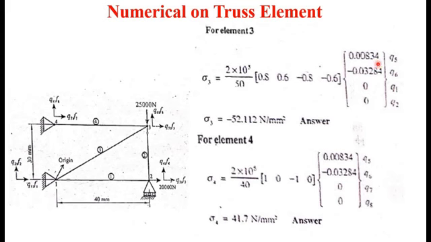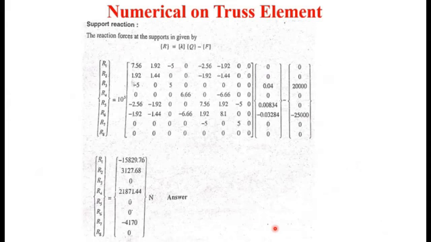By simplifying we get sigma 3 as minus 52.112 Newton per mm square. And for element 4, by putting all the values, we get sigma 4 as 41.7 Newton per mm square. These are the stresses in all the elements.